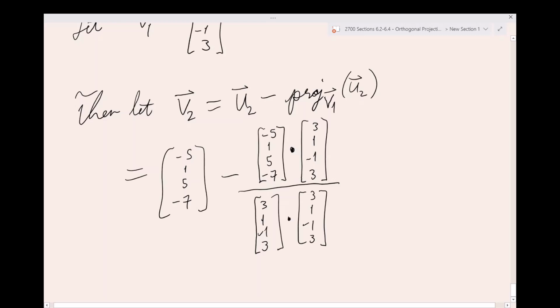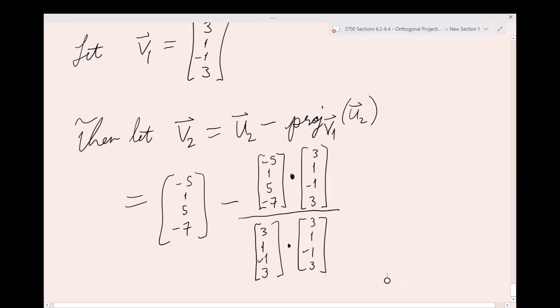And then I'm using that to scale v1, so v1 is 3, 1, negative 1, 3.